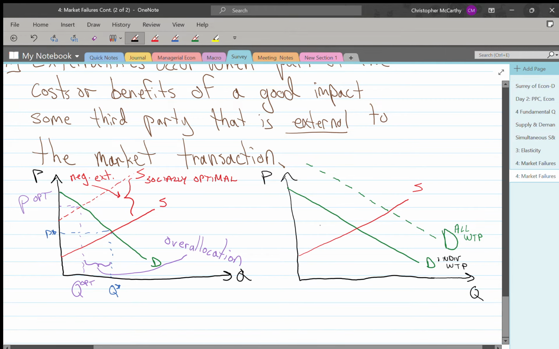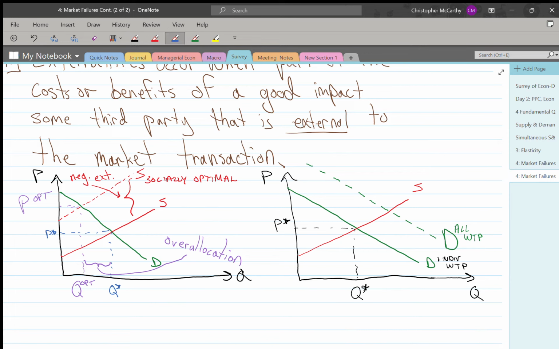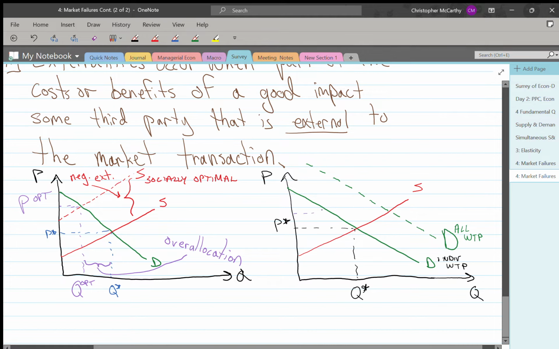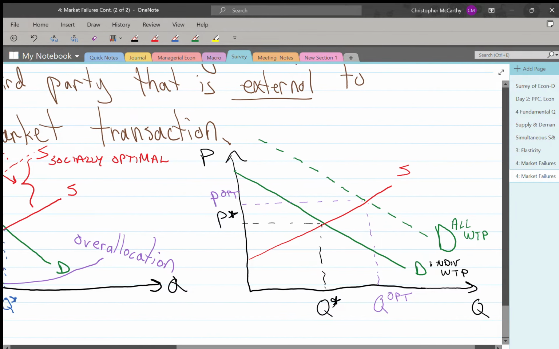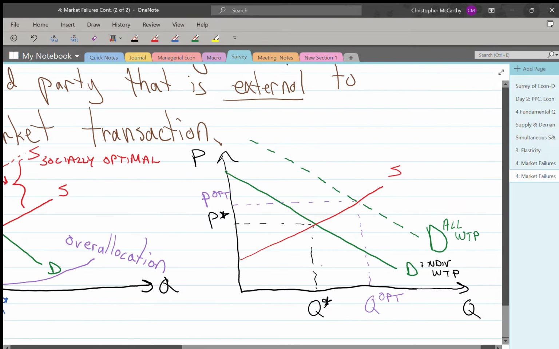We end up with an equilibrium that is right here, and there is an underproduction of goods compared to the socially optimal amount. Questions on that? This is the under allocation.